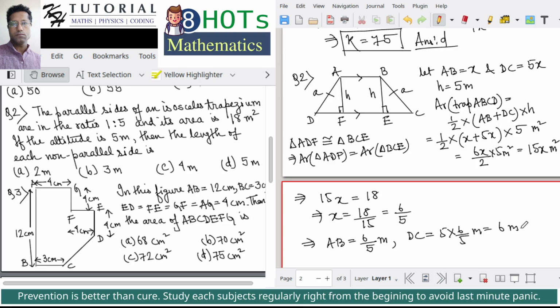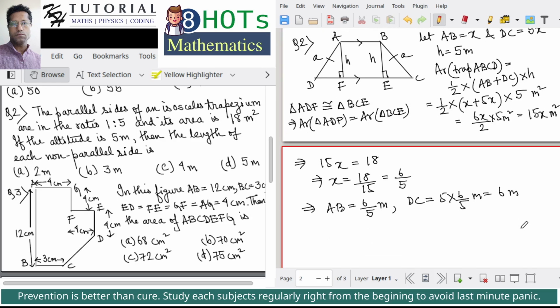The height is 5 meter. The ratio is 1:5, so x plus 5x, 6x, is 15 meter, and the area is 18 meter square. Okay, fine. So we have this.